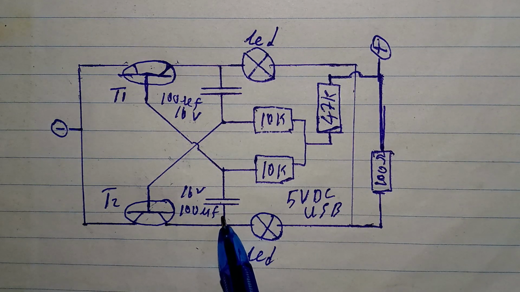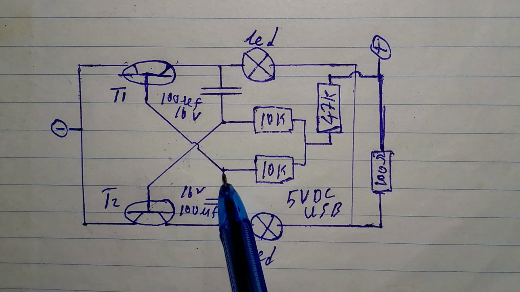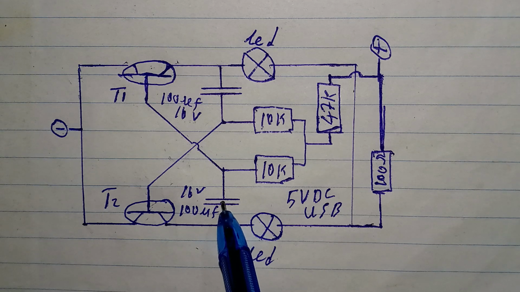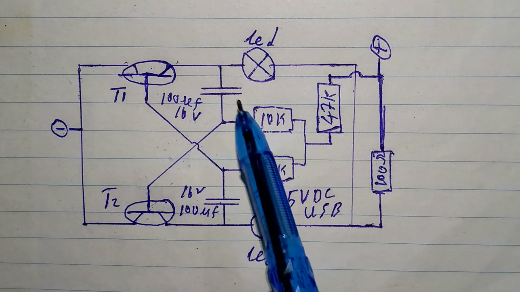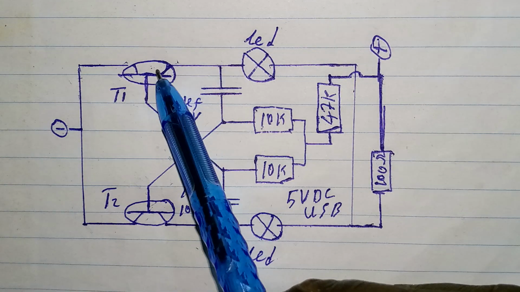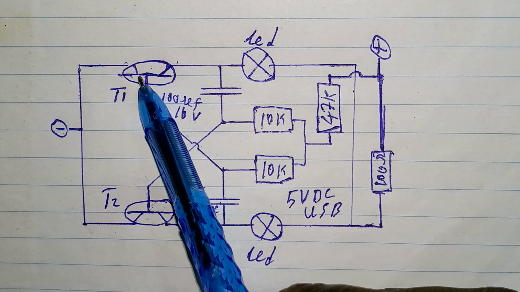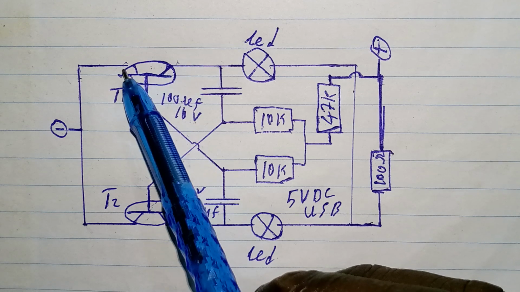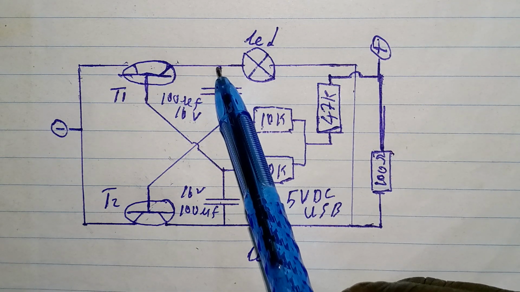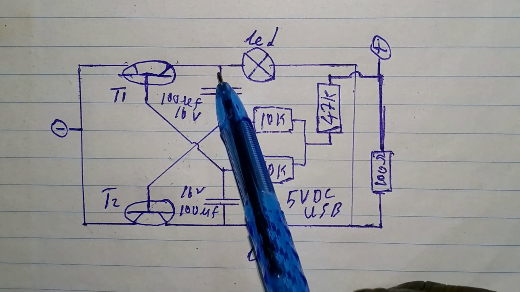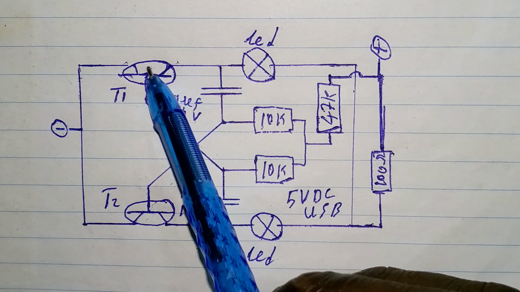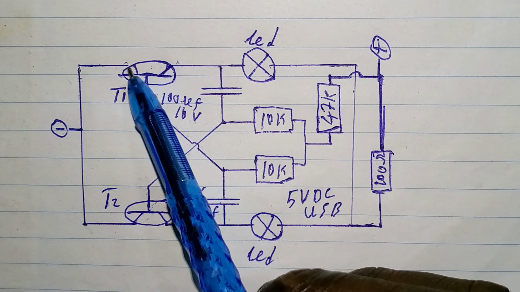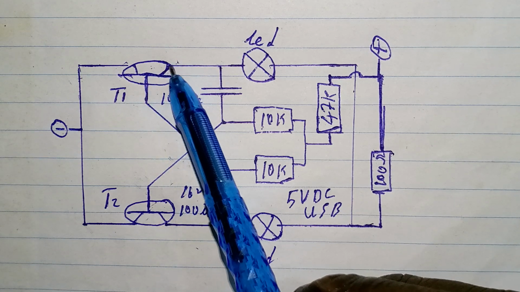Thereby, as it is doing that, it is going to be charged. You know that when a capacitor charges, it blocks the DC, and the resistance increases. Now, as this transistor is passing the voltage, this capacitor here is now connected to ground.